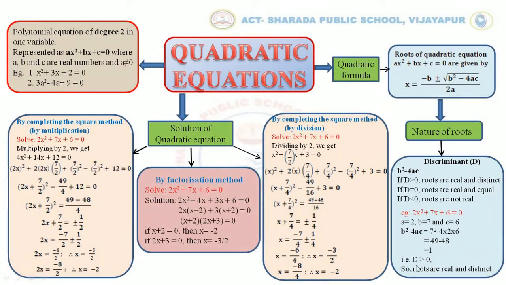That is, the discriminant D is greater than 0, and if it is greater than 0, the roots are real and distinct. So you can see that minus 2 and minus 3 by 2 both are real numbers and both are distinct, that is, different from one another.